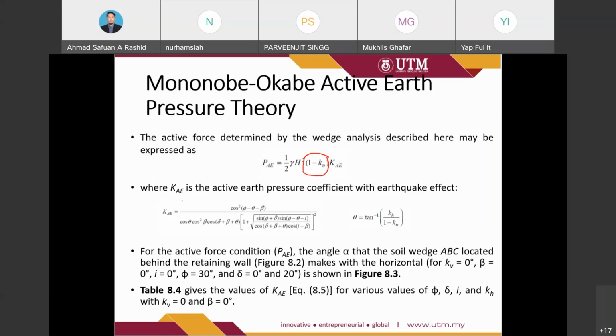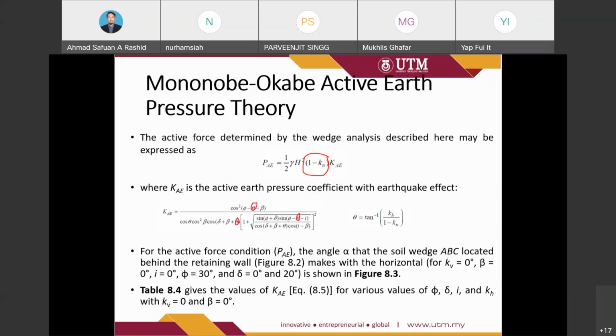They have improved the active static pressure coefficient, which is the KA, and they define it as the KAE. The difference is adding the theta in the formula. I guess the rest is similar.